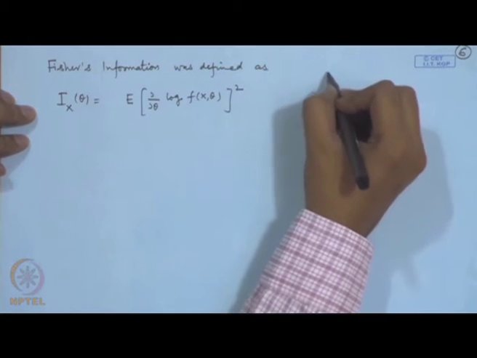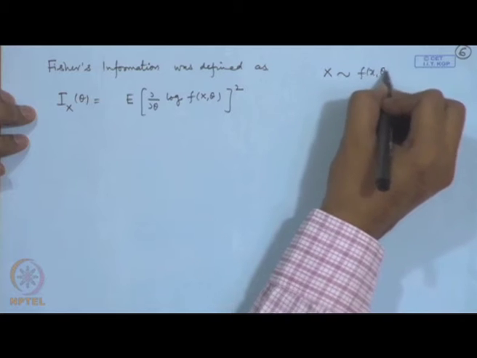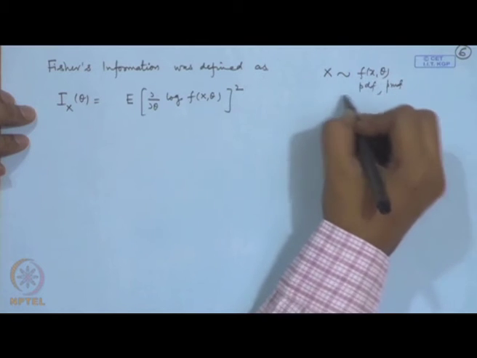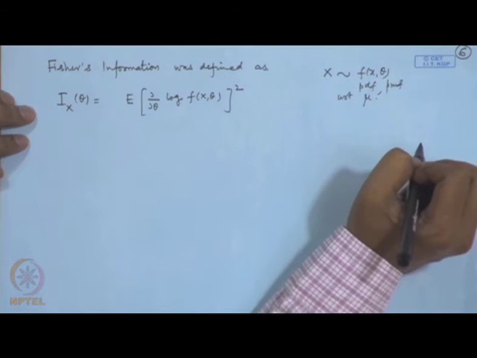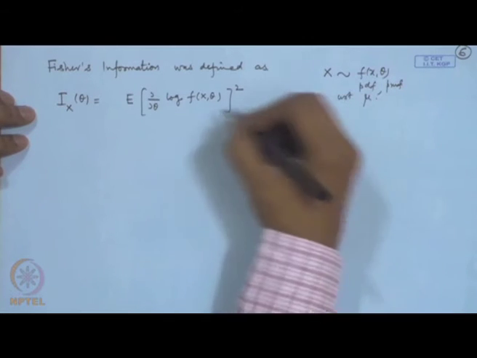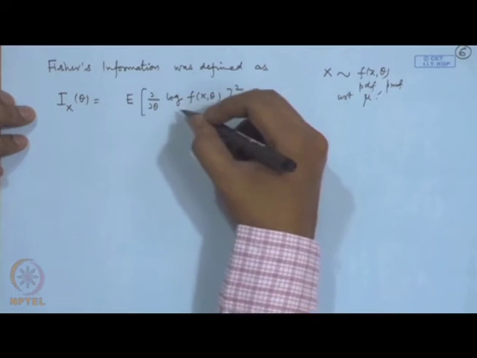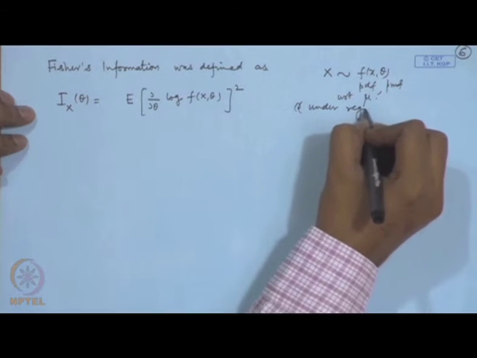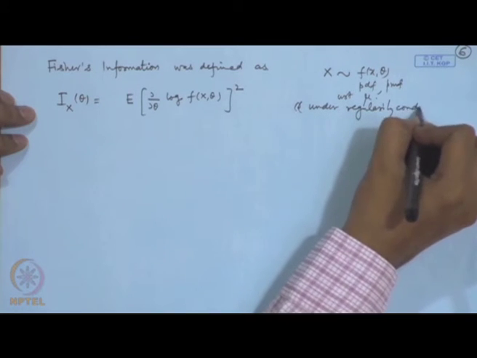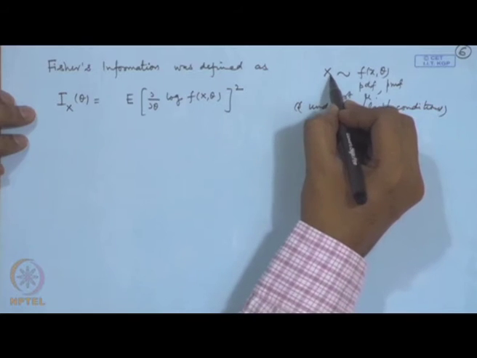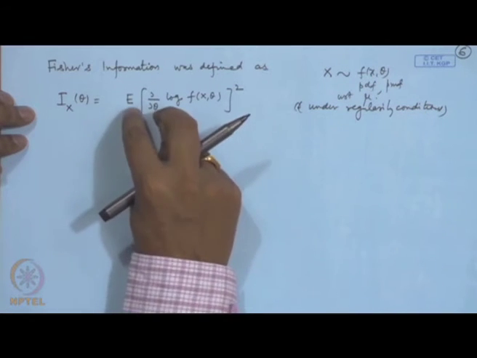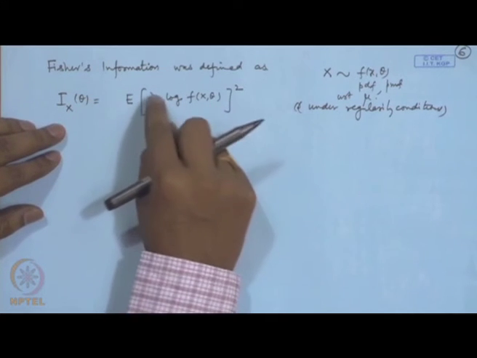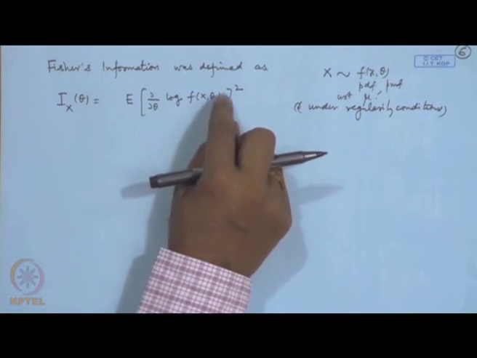Here the assumption is that the distribution of x is f x theta, and of course, this could be PDF or PMF with respect to a measure mu, and we are making the assumption of regularity conditions, that is, differentiation under the integral sign is allowed. So, this is under regularity conditions. If the distribution of x is f x theta, then the Fisher's information in x about theta is defined as expectation of del by del theta log of f x theta square.